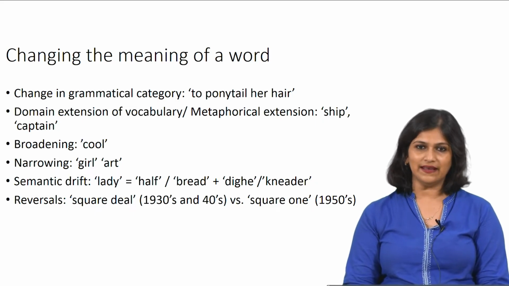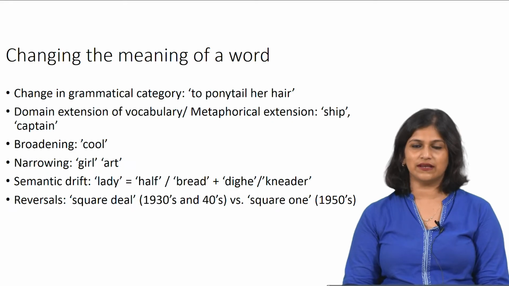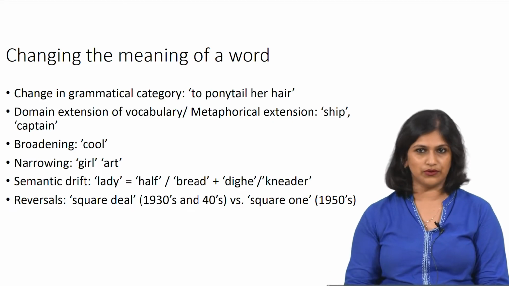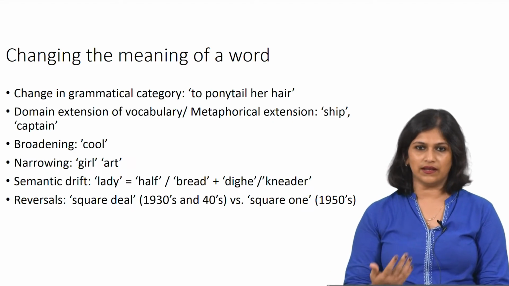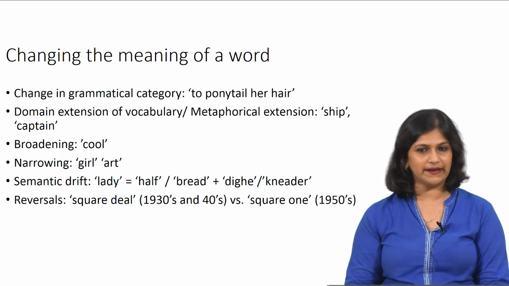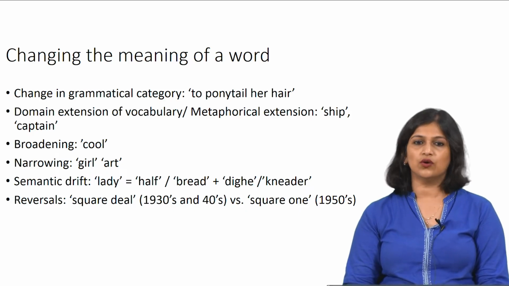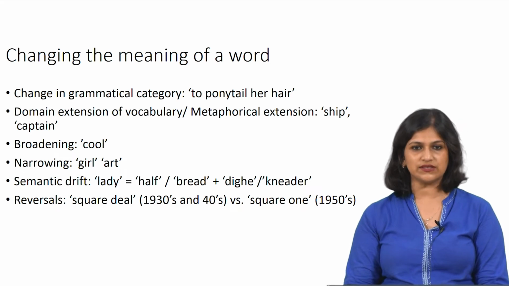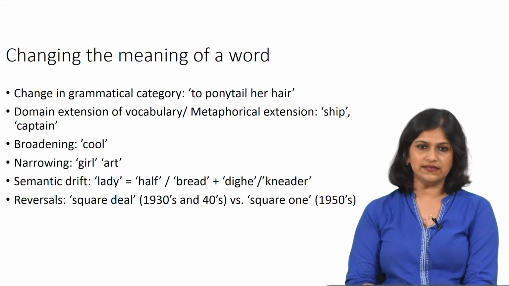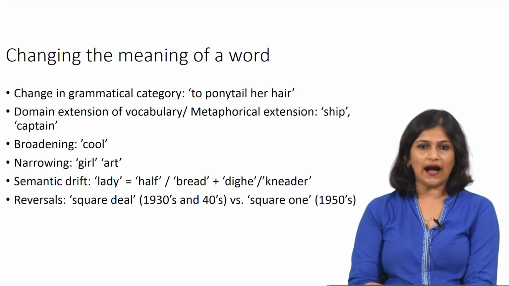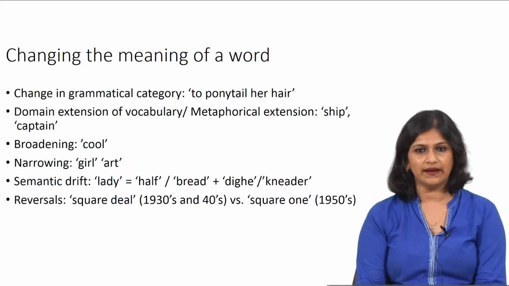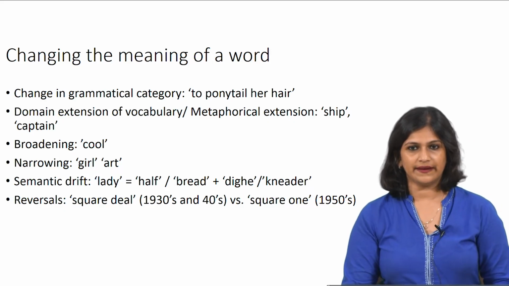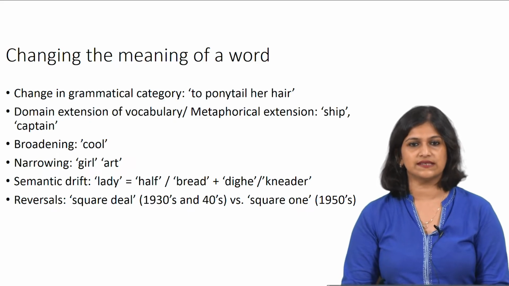Then the final thing related to changing the meaning of a word; you can explore more about it if you read more. Literature might have some other information also, but whatever I am going to discuss, this is the last one. When I say reversals, the same thing had a meaning, and it has changed as far as the usage is concerned.